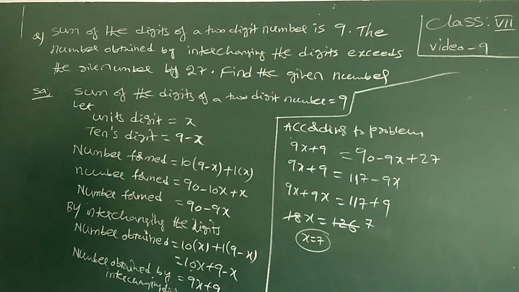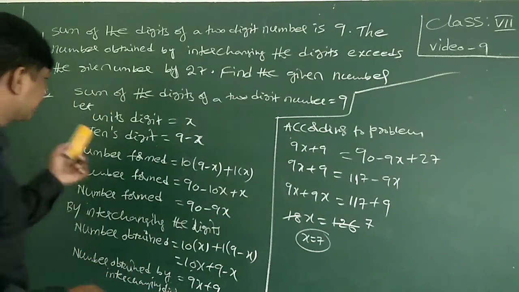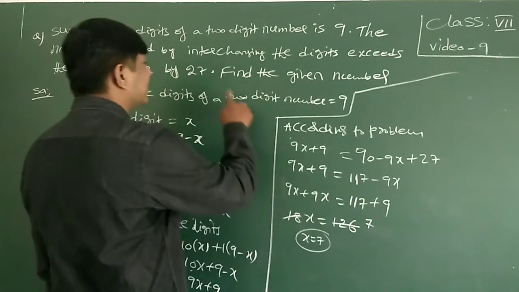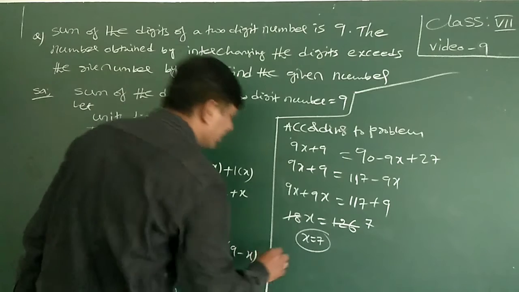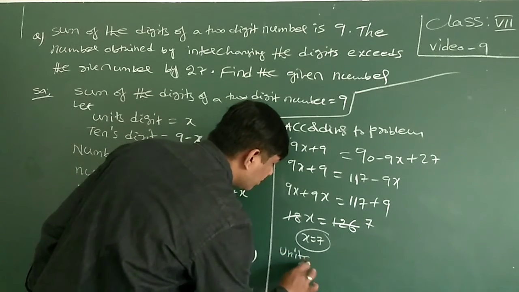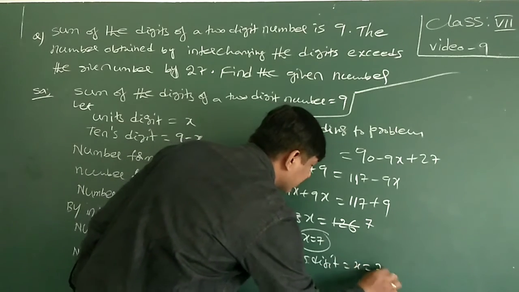Now x is the units digit. What they ask is to find the given number only. Units digit is x, equal to 7.